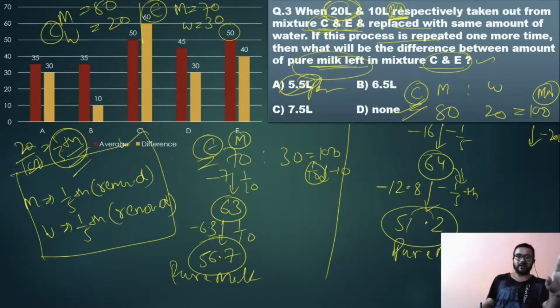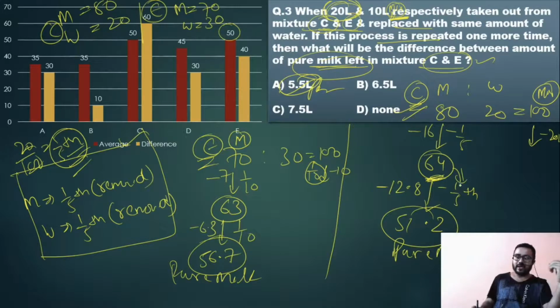Okay, now see here what I have done. I told you this 20 liter is 1/5 of what? 1/5 of the mixture. So if you are removing 1/5 of the mixture, then water or milk will also be 1/5 removed. So what I have done here, I just removed 1/5 of this 80. So you will have 64, and again this process is repeated one more time.